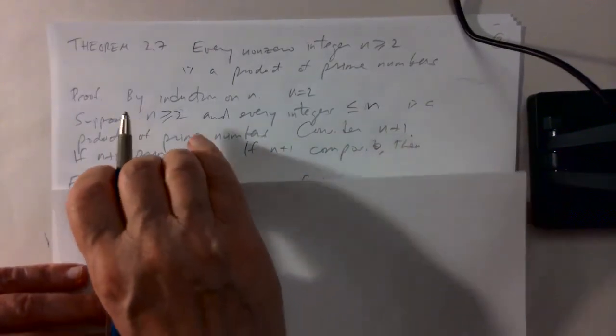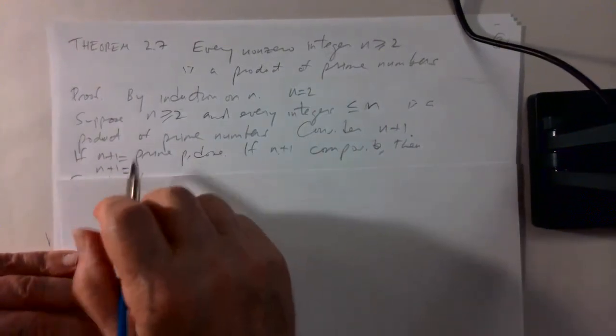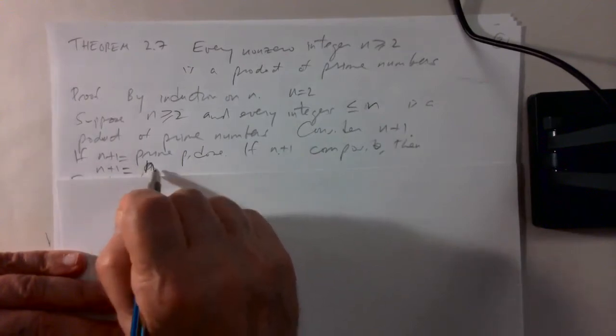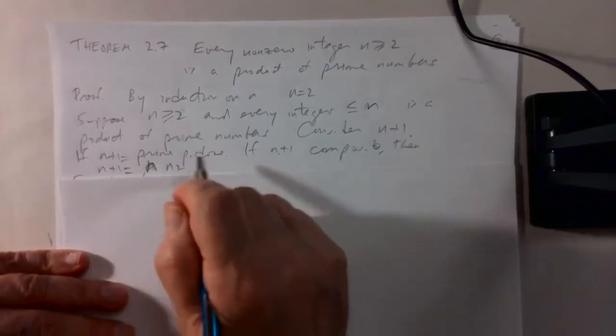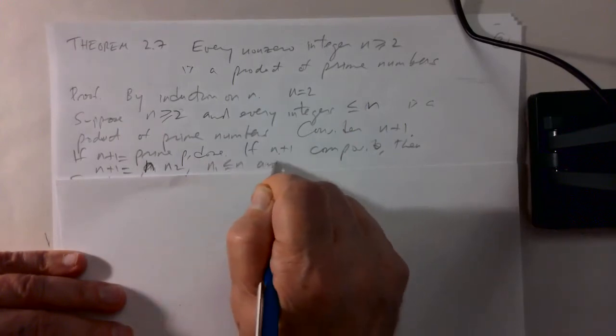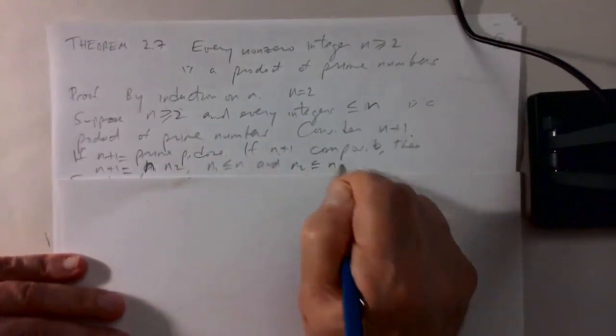That means that you can write n plus 1 as a product of two numbers, called n1 times n2, where n1 is less than or equal to n, and n2 is less than or equal to n.